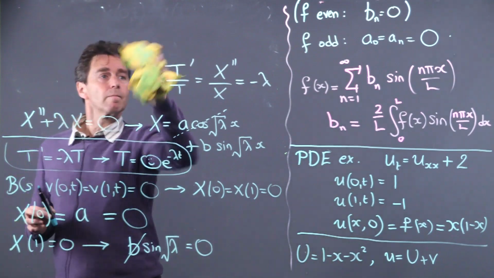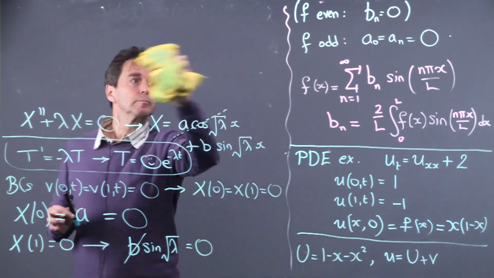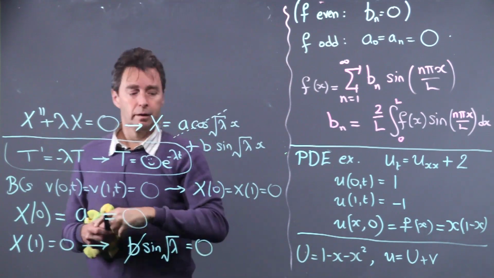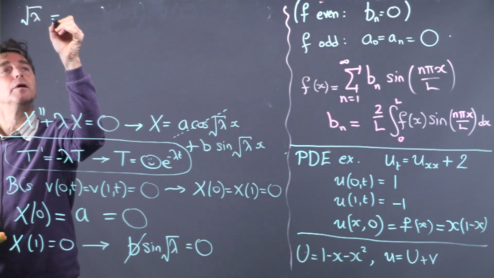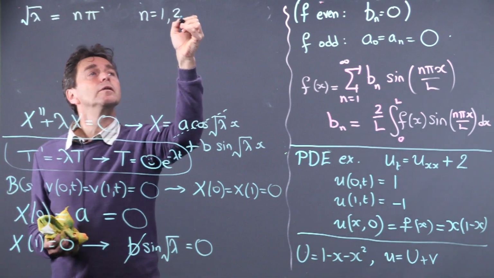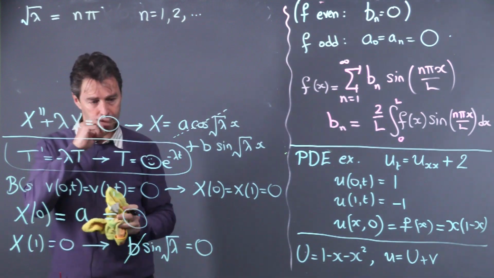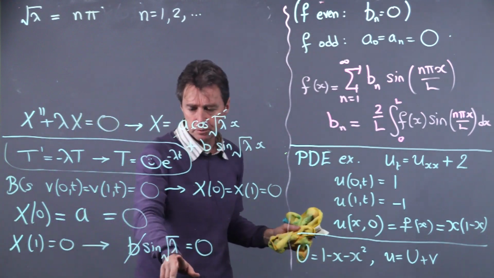So here we are. I have the square root of lambda should be n pi, where n is 1, 2, and so on. I could maybe try to put lambda equal to 0.